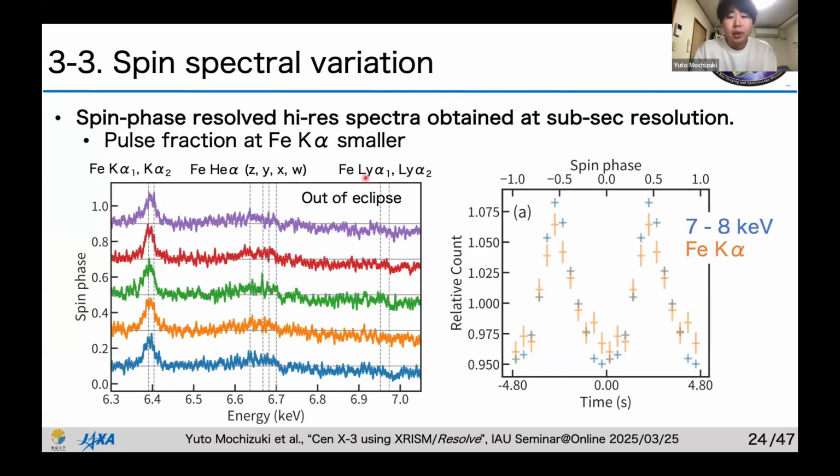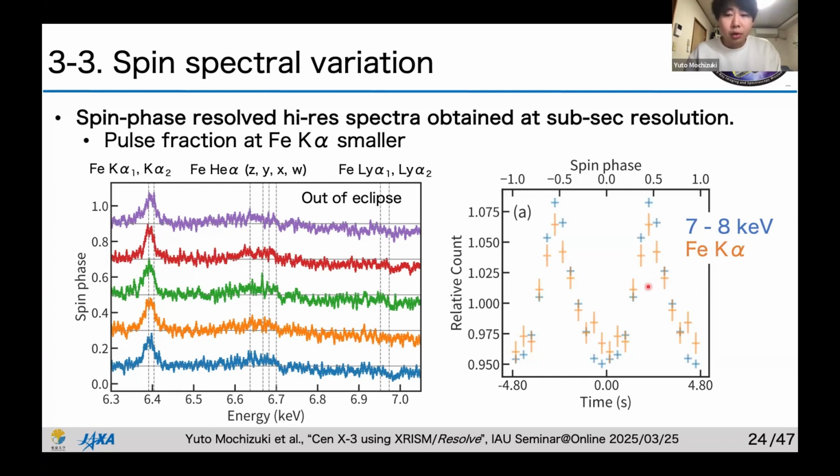We also observed the spin spectral variation. We obtained the spin phase resolved high resolution spectra with sub-second resolution in the left figure. The right figure shows the pulse profile in the 7 to 8 keV range, shown in blue, and the iron K alpha energy band.